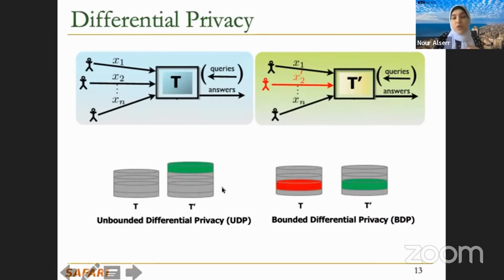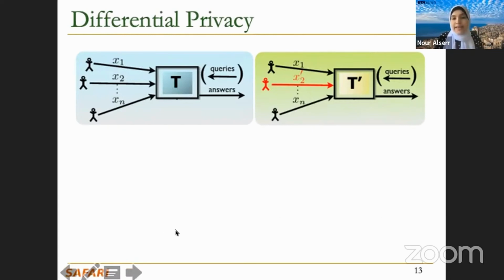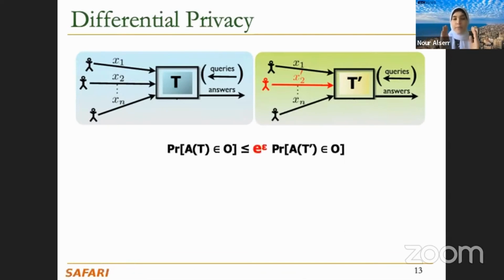If one of them has one extra row, then we call it unbounded differential privacy. Now, again, the main idea here is that we want the probability of having an answer from T and the probability of having an answer from T bar to differ only by a bounded multiplicative factor, which we show here as e to the power epsilon.